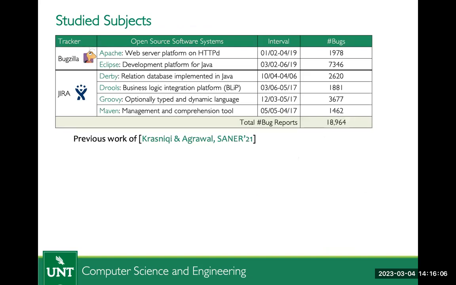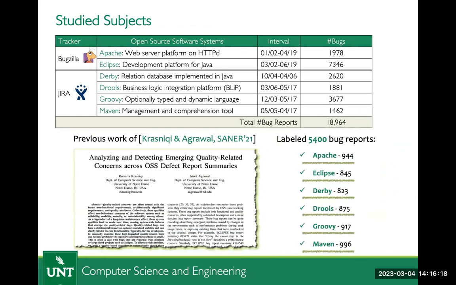We used 6 different projects from 2 different tracking systems, such as Bugzilla and Jira. And so we actually use the data from our previous published work in SANER 2021. If you're more interested in the way we labeled our data set and the catalog that we formed, you're more than welcome to look at this paper.